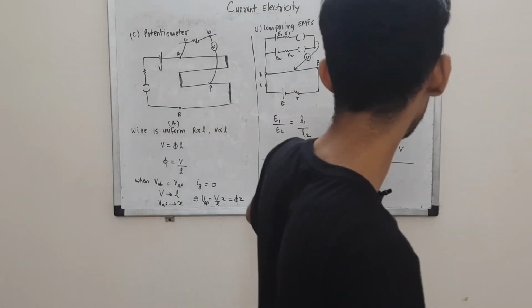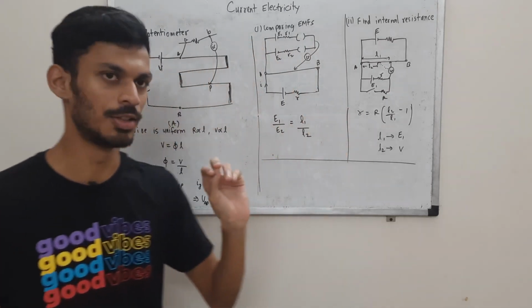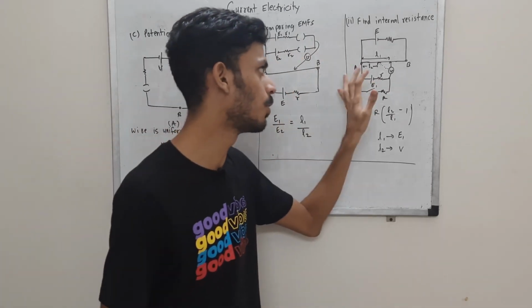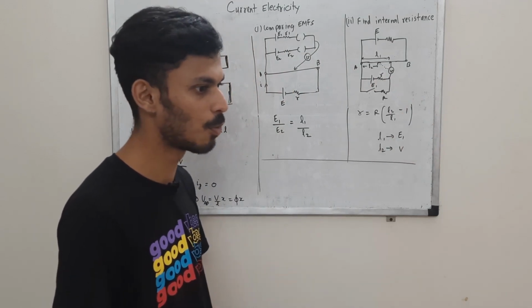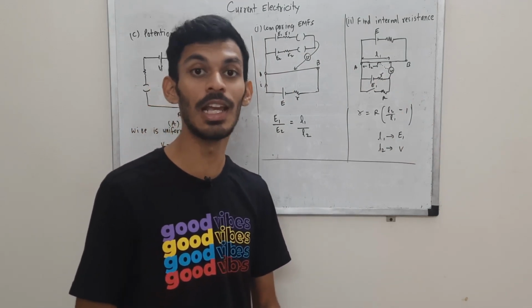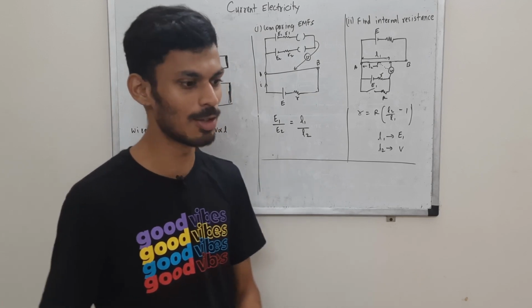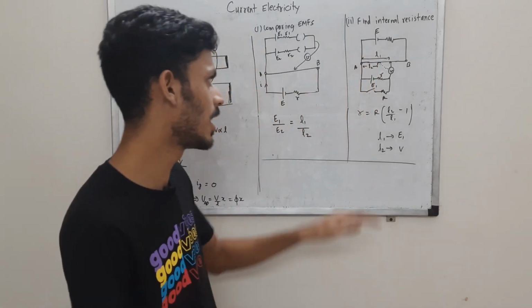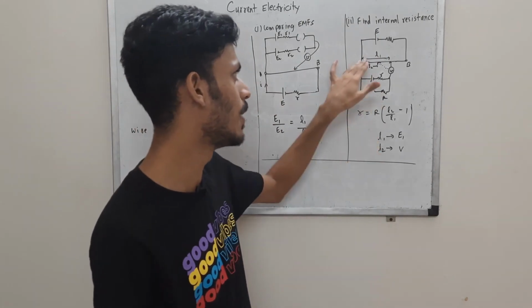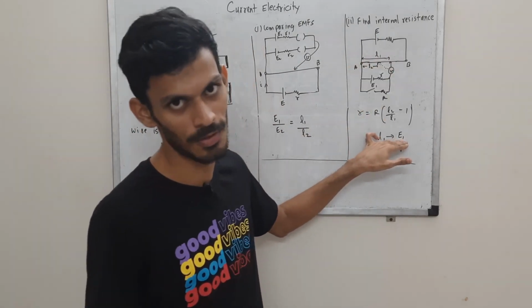First of all, we'll keep that switch open, so no current is flowing in this part of the circuit. In that case, what are we measuring? Since no current is flowing, the battery is not under use, so we are measuring the EMF of the cell. So in the first case, we'll measure L1, which corresponds to the EMF of the cell.